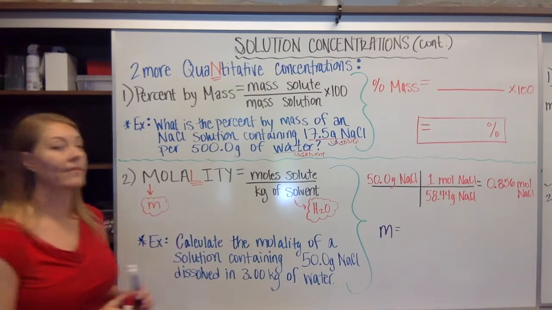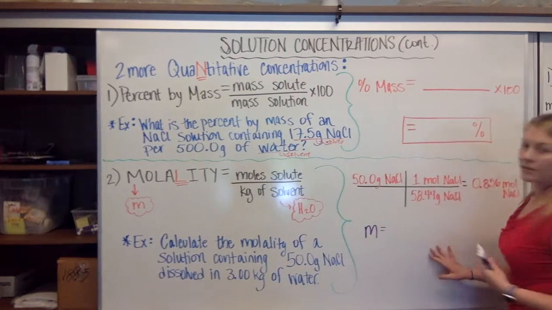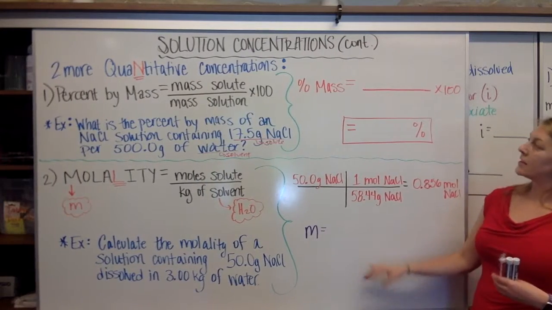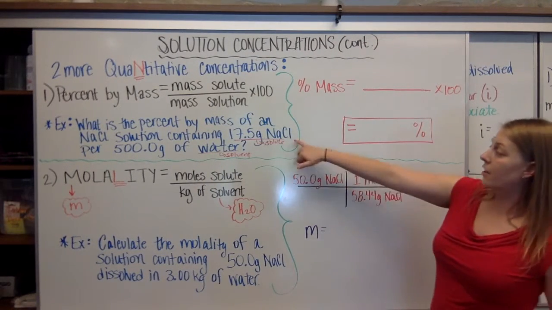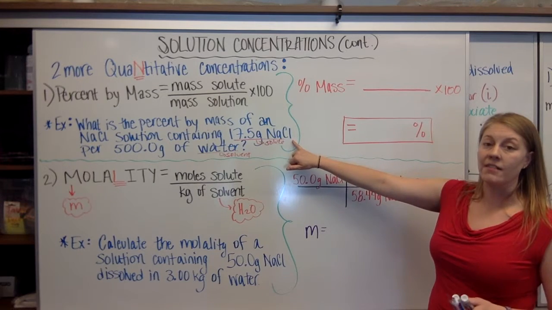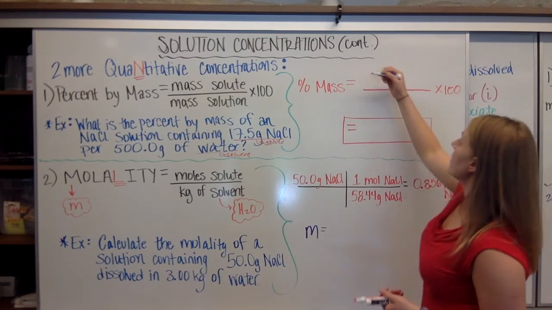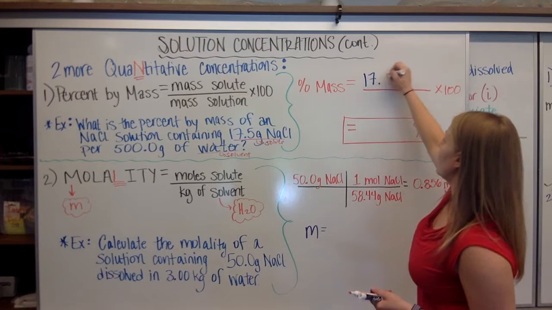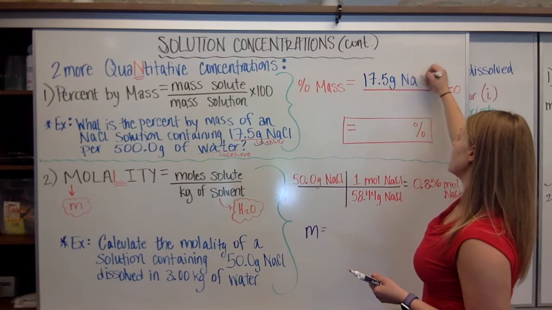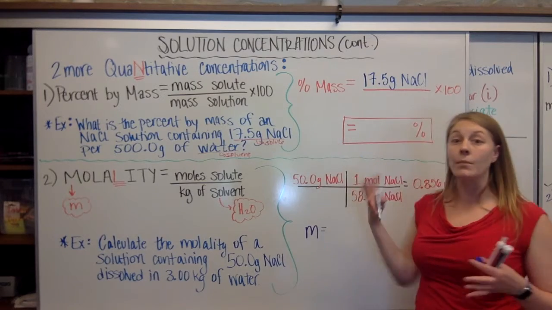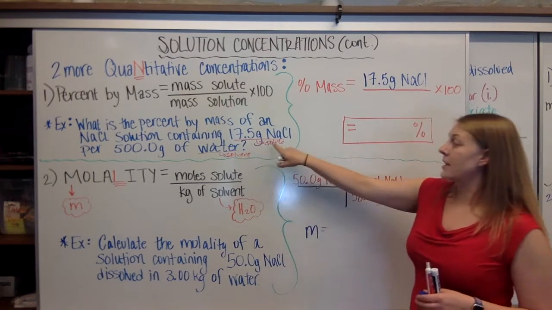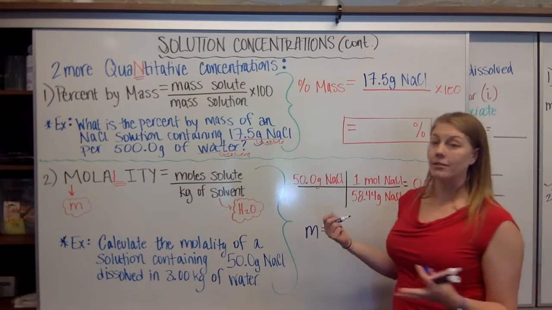So for our percent by mass calculation, we have mass of solute over mass of solution. So our mass of solute is given to us right here, 17.5 grams. So we have 17.5 grams of NaCl divided by the mass of the solution. Well, remember, here's our solvent, here's our solute, together they make the solution.